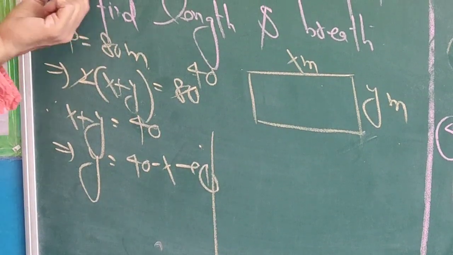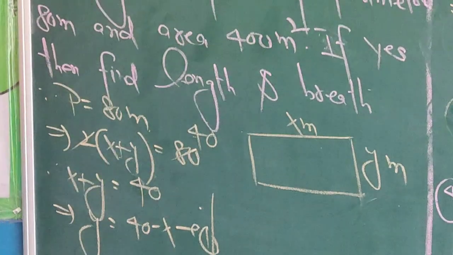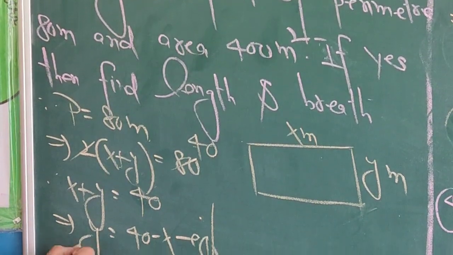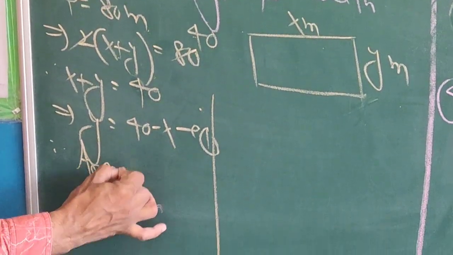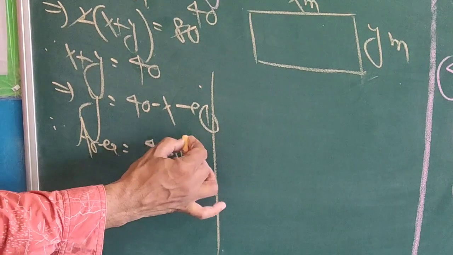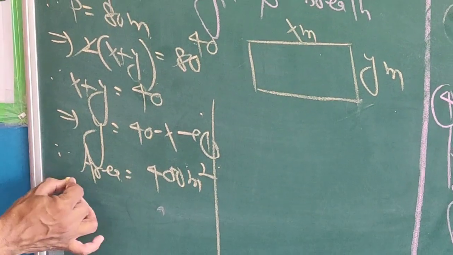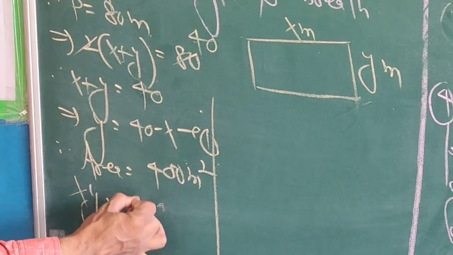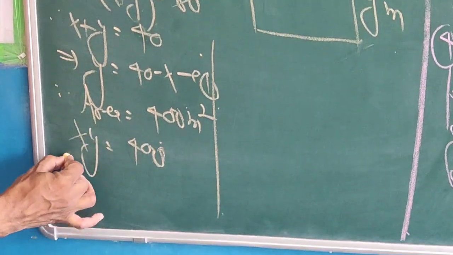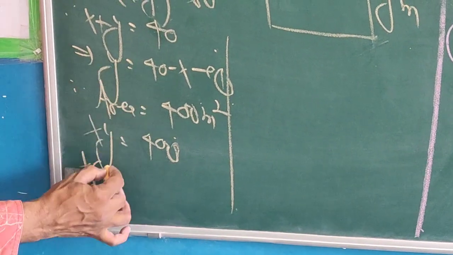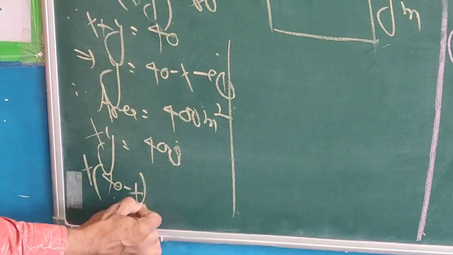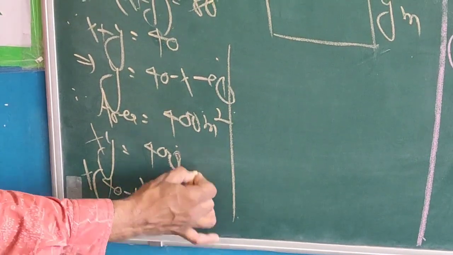Now it is also given its area is 400 meters square. And we know the area of rectangle is length into breadth. And this is 400, and this is x and the value of y is 40 minus x is equal to 400.